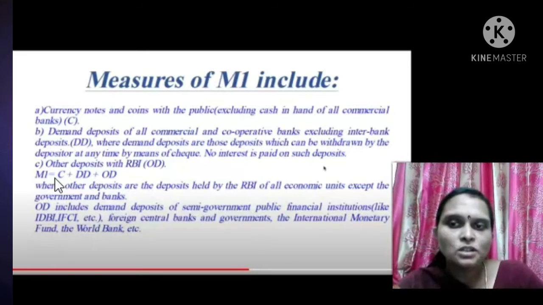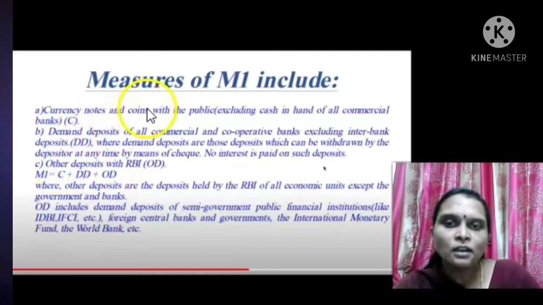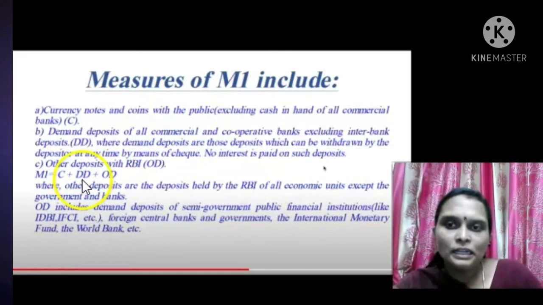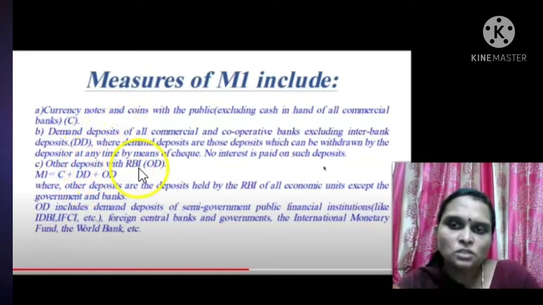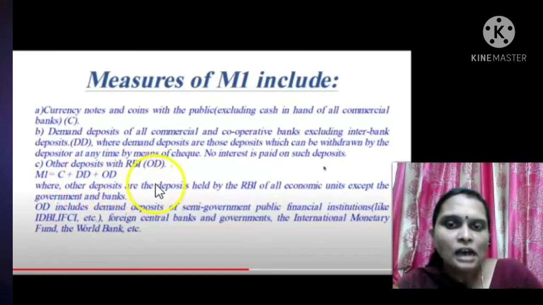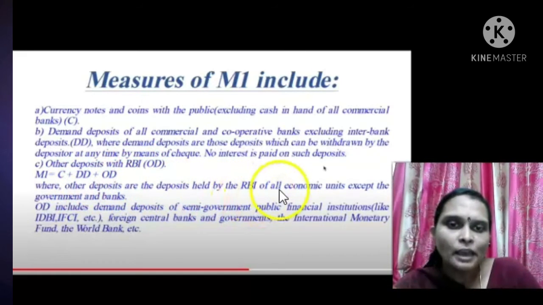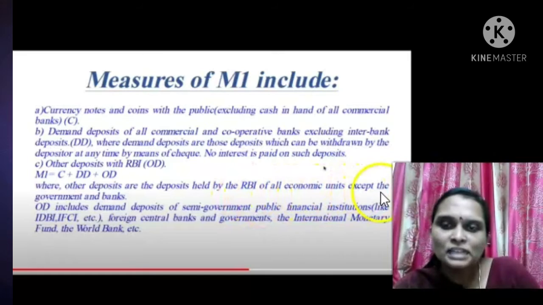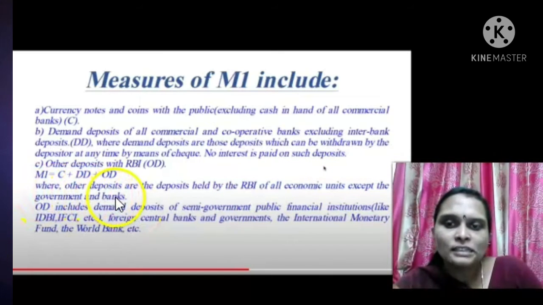So M1 is denoted as M1 = C + DD + OD. Here C is currency notes and coins with the public, DD is the demand deposits and OD is the other deposits with the RBI. Other deposits are the deposits held by the RBI of all economic units except the government and the banks.